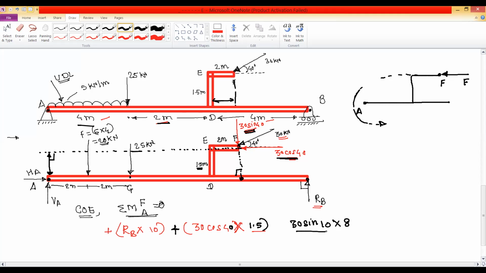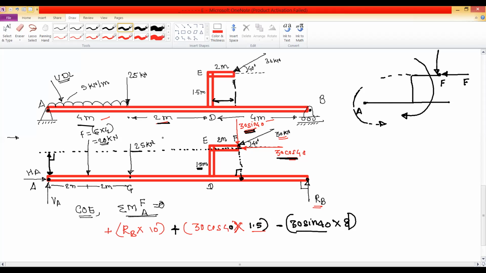So 30 sine 40 into 8 meter distance, and this moment will be clockwise, so it is negative. Because this force is acting at this point, it will try to create the moment in the clockwise direction. So 30 sine 40 into 8 is a negative moment.